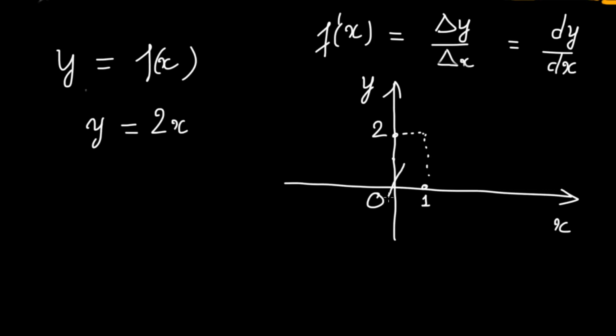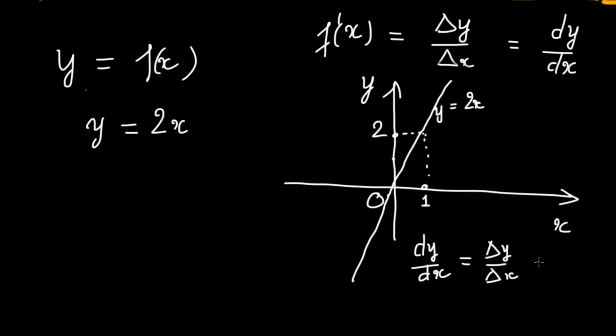And this is the line y equal to x. Basically, we find dy over dx equal delta y over delta x. You can see at any point in this line, right?